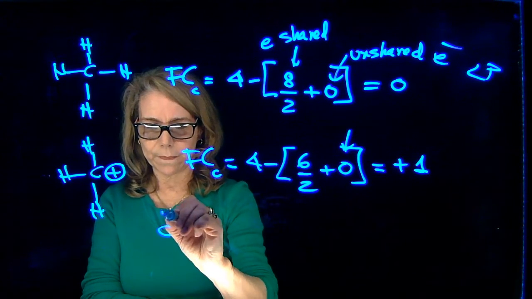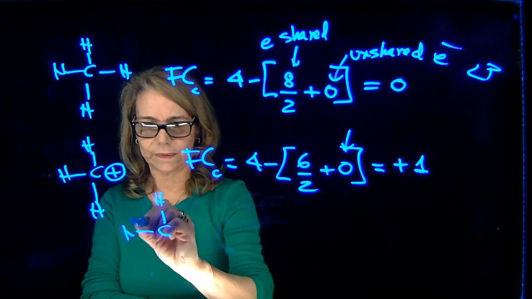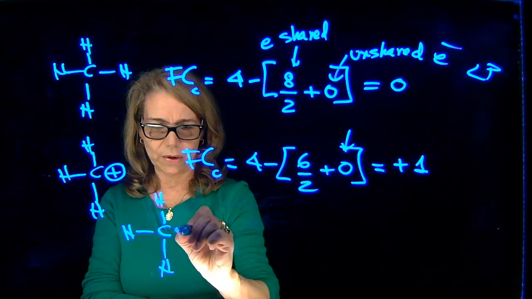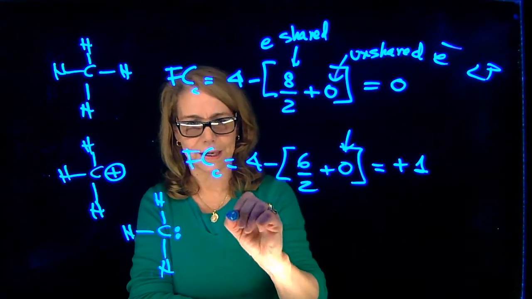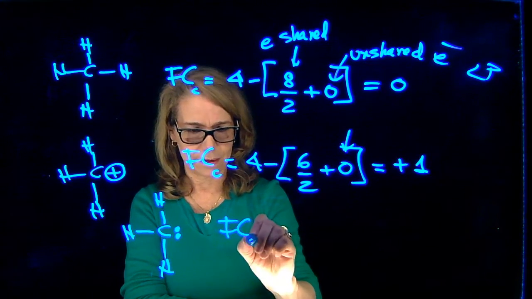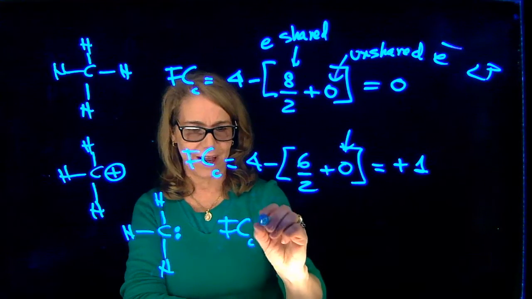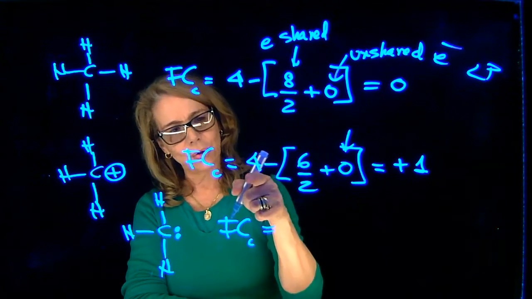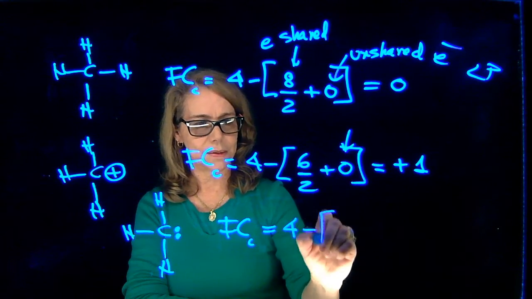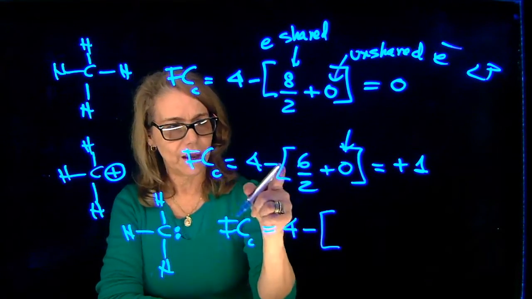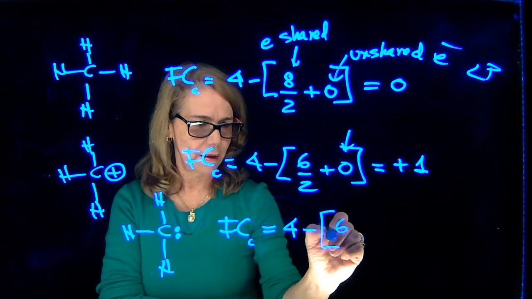That is going to be important for line structures. Let's do this now. Now I have a lone pair. What is the formal charge of the carbon in this case? This little c means the carbon, because we're going to do formal charge on other atoms later. The number of valence electrons is 4, minus the number of electrons that are being shared in bonds, 2, 4, 6, divided by 2.